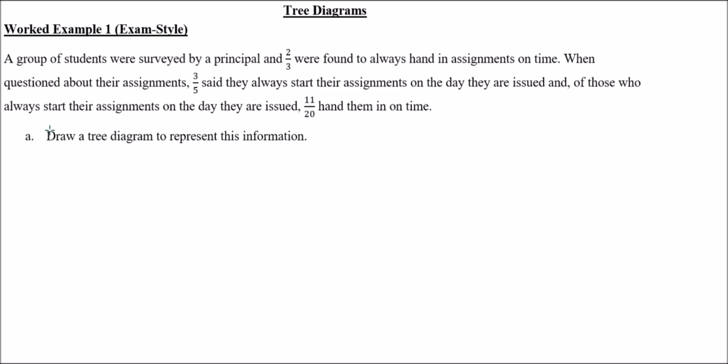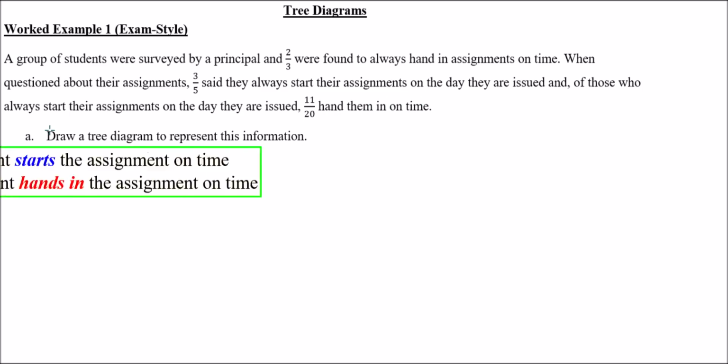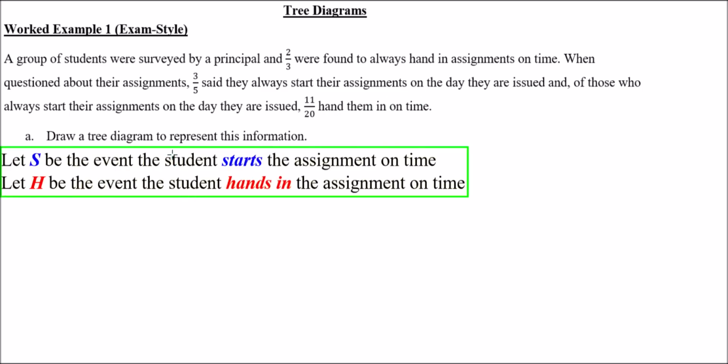So going back to what we just talked about in terms of the introduction to tree diagrams, we can use the same idea, but instead of using events A and B, let's use the event big S for the event the student starts the assignment on time, and the event big H stands for the event the student hands in the assignment on time.